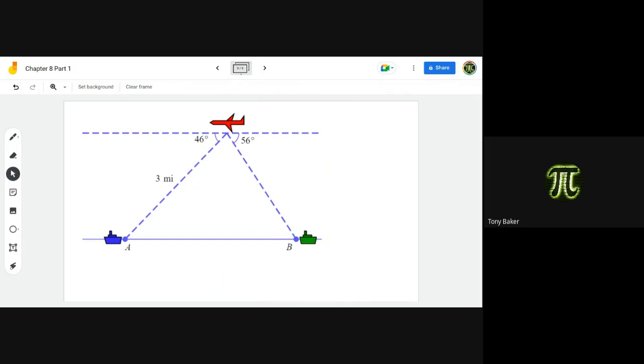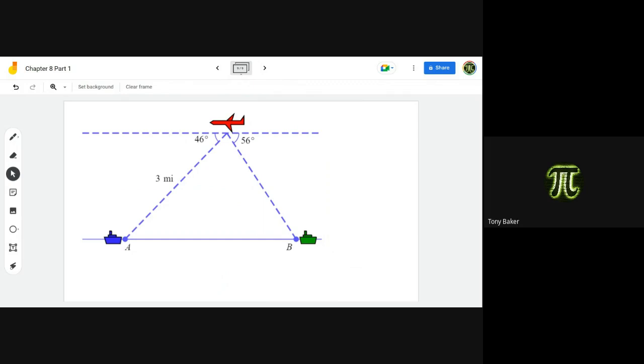I missed that. Was I missing the 3 miles? No, you're right, never mind. Okay, I at least remembered that.